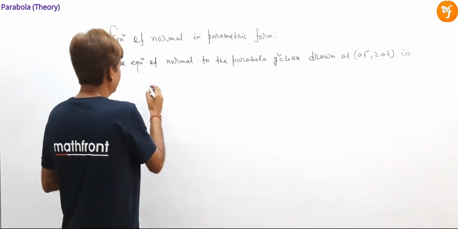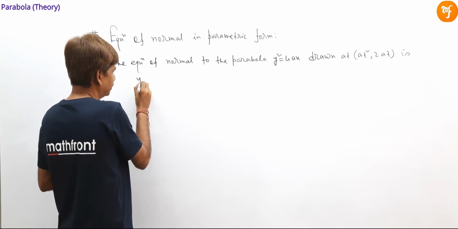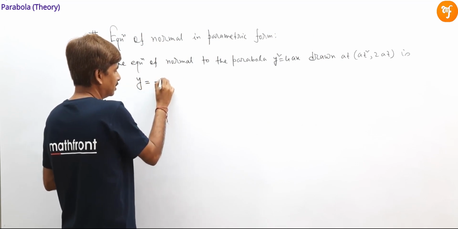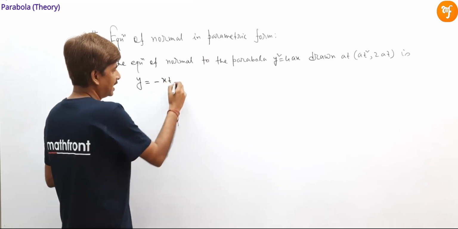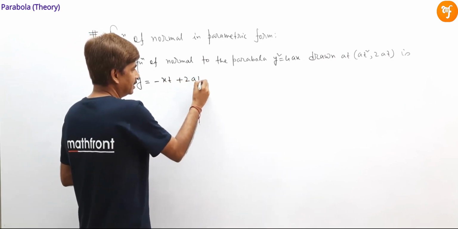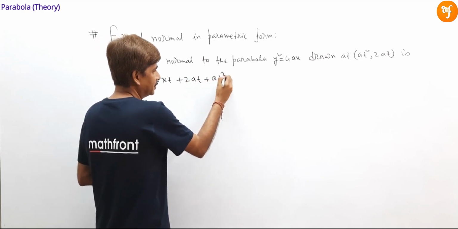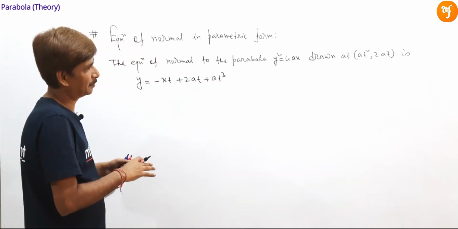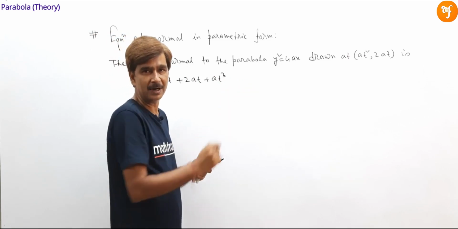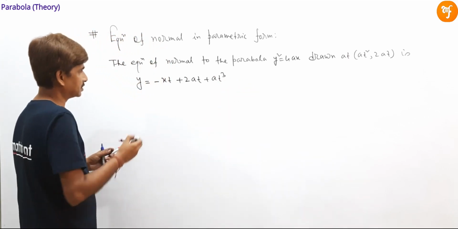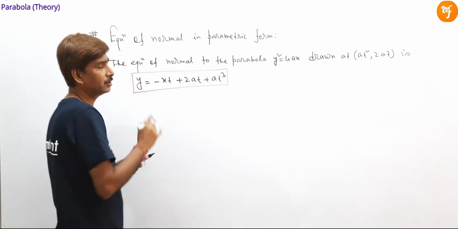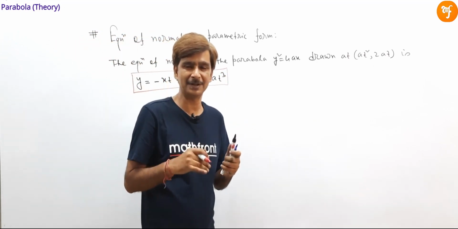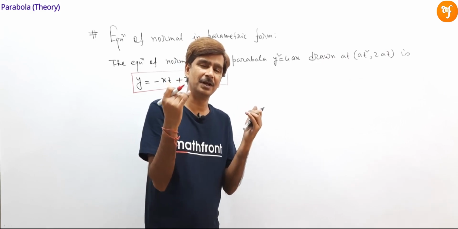It is y = -xt + 2at + at³. Okay. And the point of contact is (at², 2at). Please remember this equation, very important for your competitive exams, or you can say for your numericals.